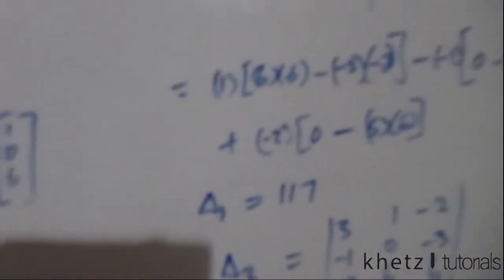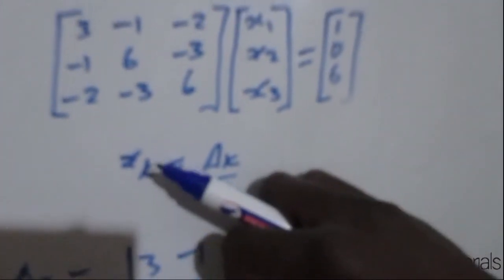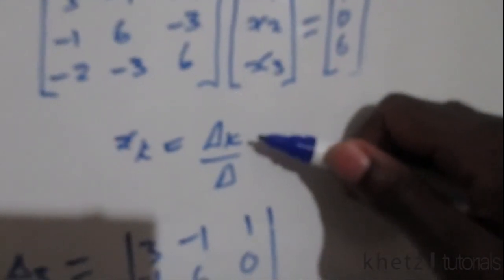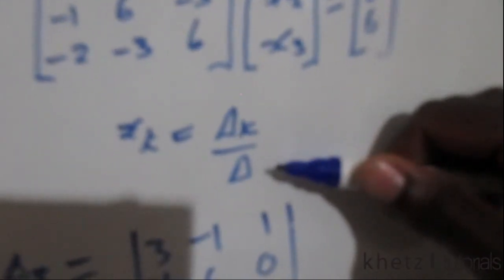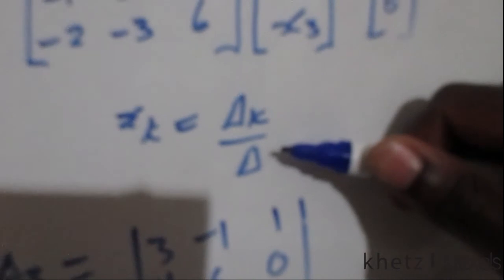So finally, we want to solve the problem. So let me erase this part. You want to solve the problem. So Cramer's rule says, if you have a variable x sub k, you divide the k determinant by the determinant of the A matrix.